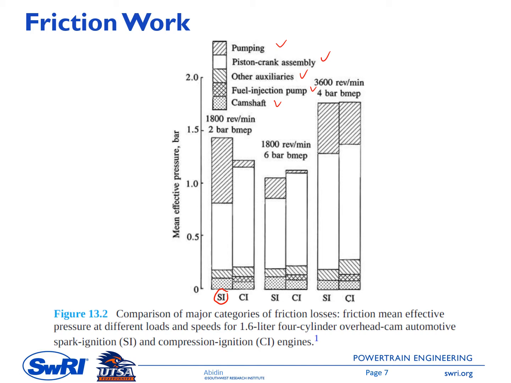So we have three different operating conditions here. On the most left here, it is 1800 RPM, 2 bar, so this is light load. And then in the middle and on the most right side here, it is at 6 bar, 1800 RPM, and then this one is 4 bar, 3600 RPM, so this is a mid load.